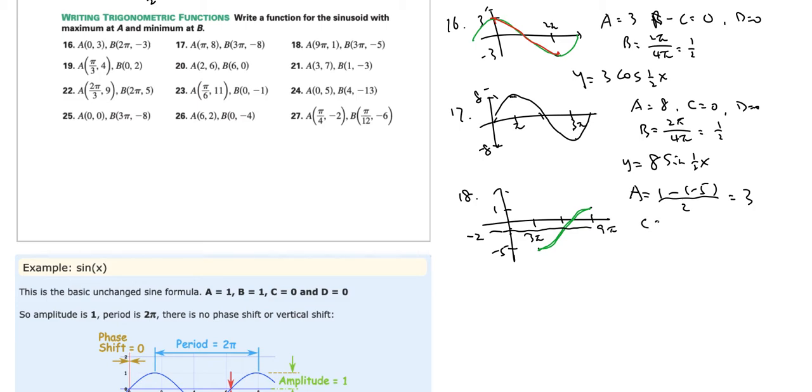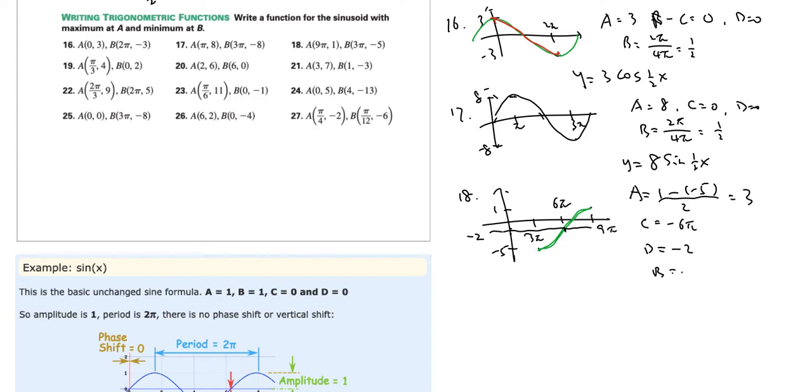So what about the C? Now we can understand it's halfway between these. Halfway between 3 pi and 9 pi is going to be 6 pi. If we use sine, it's probably slightly easier, which means you shift to the right by 6 pi. It seems like quite a lot, but it's fine. Now for D, we understand it's shifting down to negative 2.